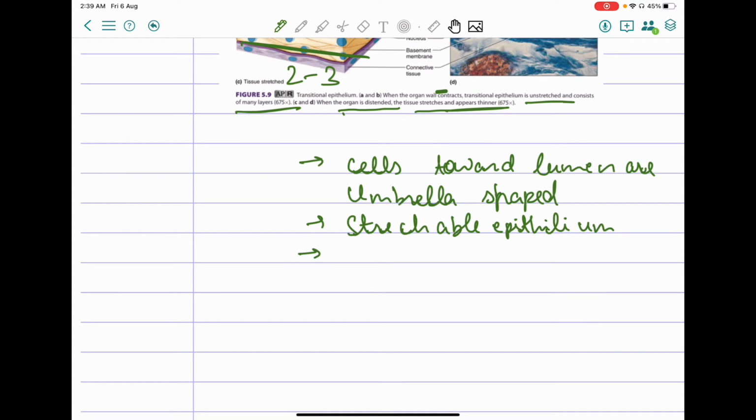Like pseudostratified, in transitional epithelium also all the cells attach to the basement membrane. Here also, same as pseudostratified, transitional cells attach to the basement membrane.